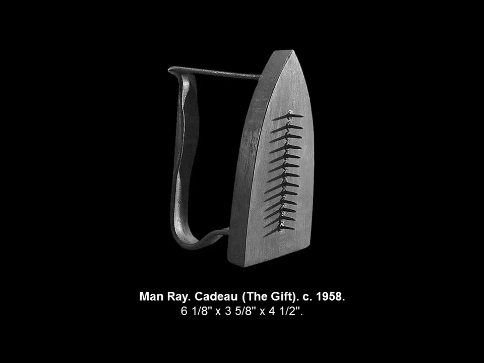This is a replica from 1958 of Man Ray's The Gift, which was originally made in 1921. Man Ray is known more for his photography, but he was a full participant in the Dada movement, and many of those artists crossed boundaries, so to say, in experimenting with other art media. This is a work that would fall into the irrational category, in the sense that it's an iron meant to iron clothes, yet it has nails on it which would completely tear up the clothes.